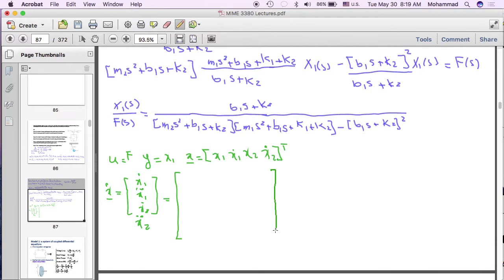This gets multiplied by x, which, as we just defined, is x1, x1 dot, x2, and x2 dot, plus b, which we haven't found, b multiplied by u, which in this case is force F. So it's another way of writing everything out so it's clear what x is, what u is, and what we are looking for. Okay, so row 1 of matrix A simply says, what is x dot in terms of these members of x?